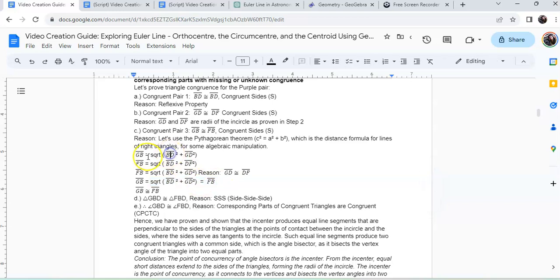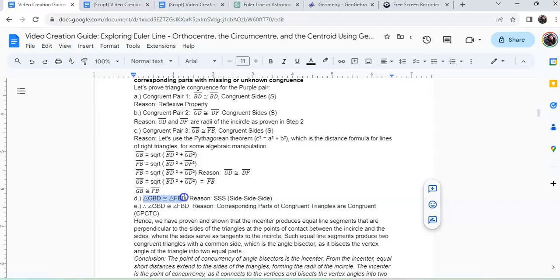Considering the transitive property of equality, we can say that side GB is equal to side FB. Now we have proven congruency of 3 pairs of corresponding sides.